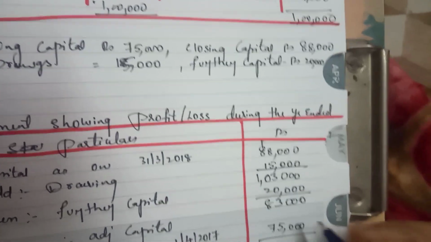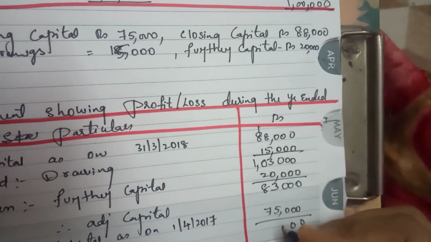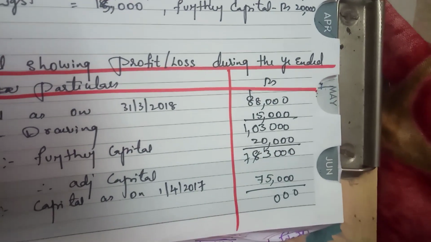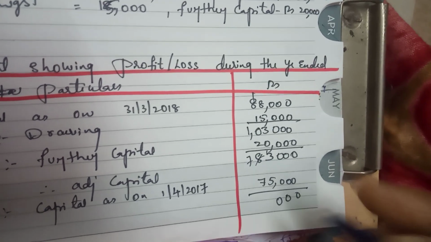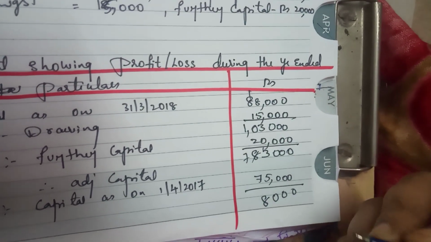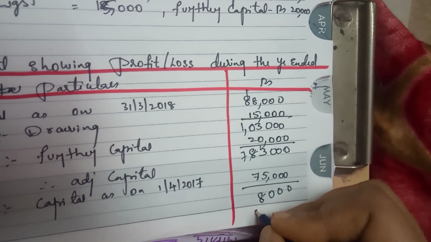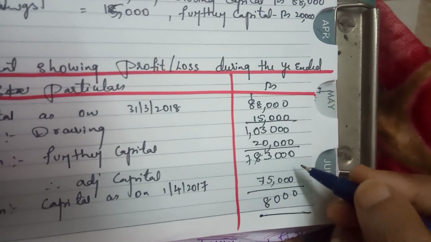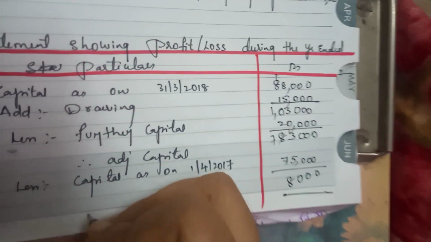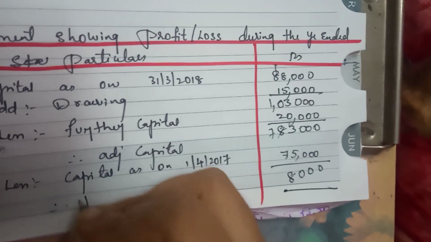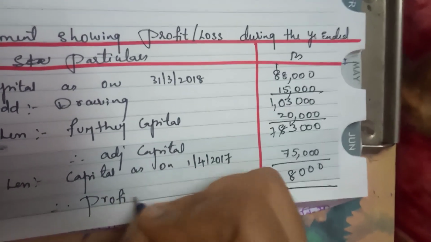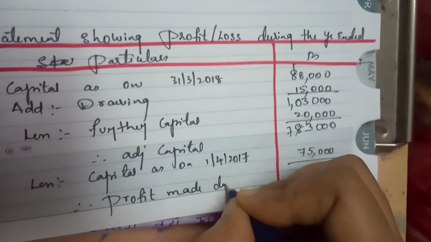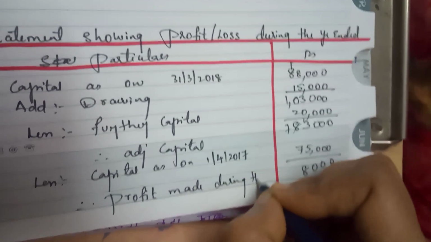From 83,000 if you deduct 75,000, how much are you going to get? 8,000. From 83 if you deduct 75 you are going to get 8,000. Therefore we got a positive figure. Therefore profit made during the year.